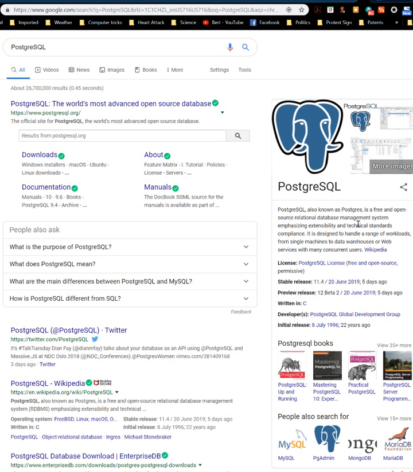Free and open source relational database management system. So it's really just a straight relational database. Handles a range of workloads from single machines to data warehouses or web servers. So I think it's just a traditional database, it's not a NoSQL database, I don't think.